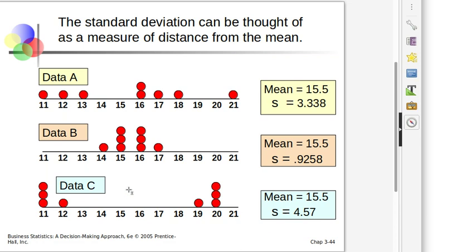While data C here, most of the elements in the data set are farther spread out.